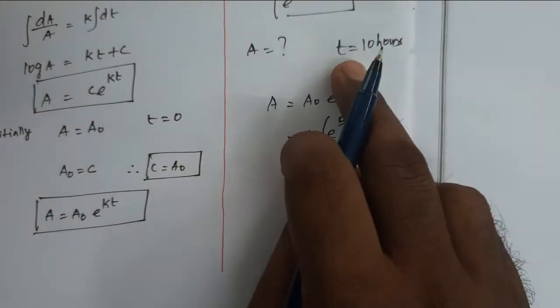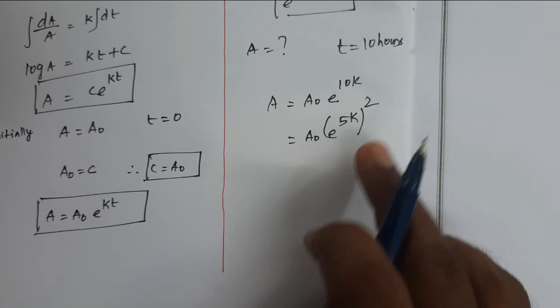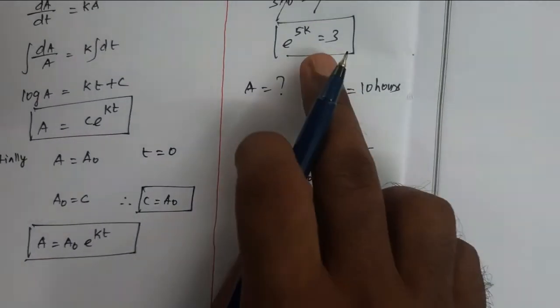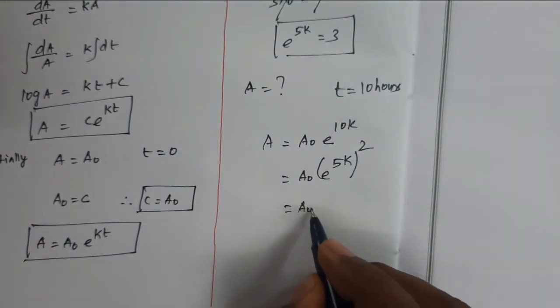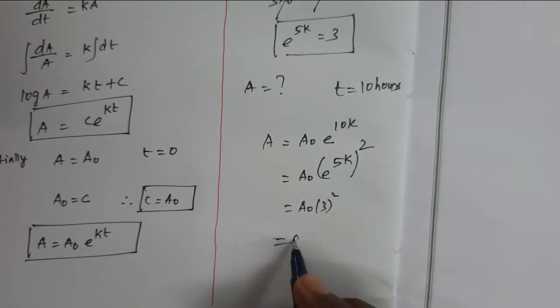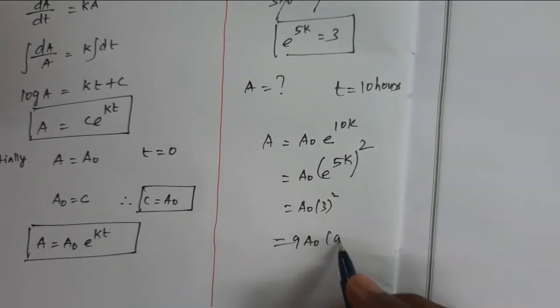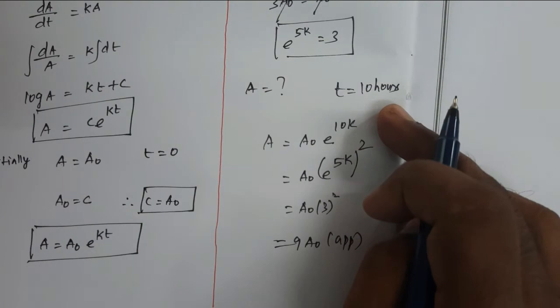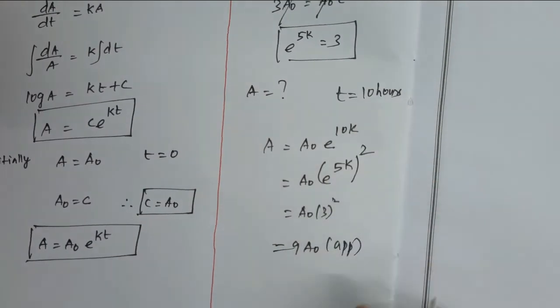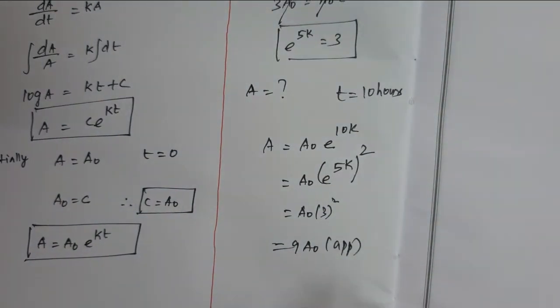The value of e power 5k is 3, so A is equal to A naught into 3 square, which is equal to 9A naught. So after 10 hours, the bacteria will be 9 times the initial number.